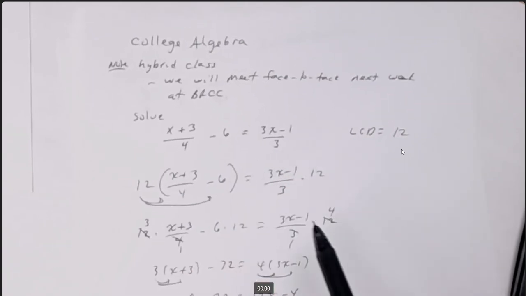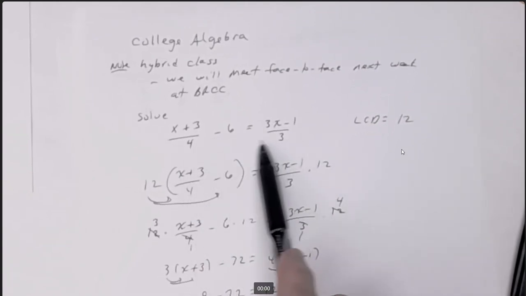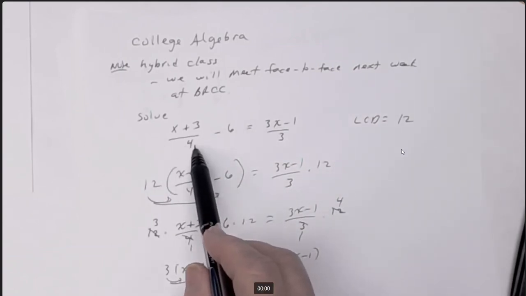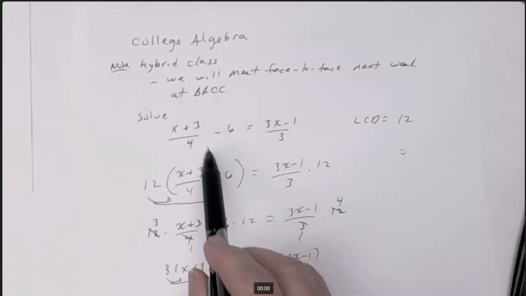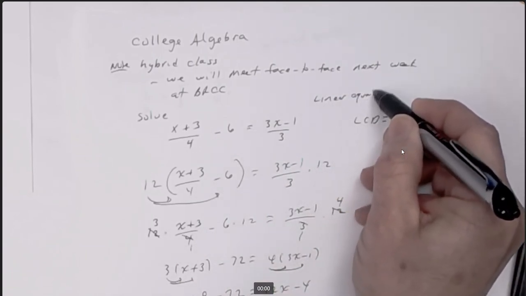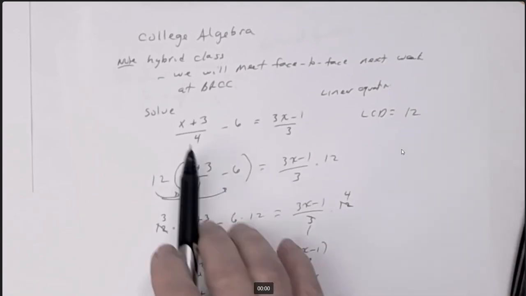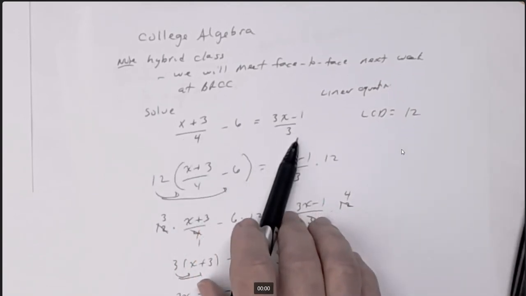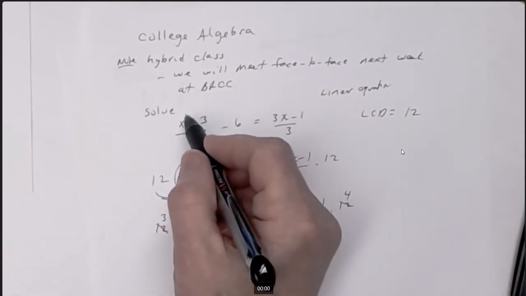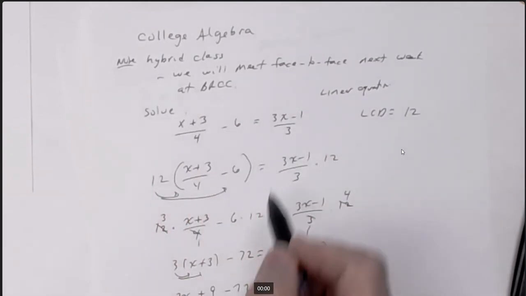But in particular, this right here is a linear equation. The reason it's a linear equation is because you don't have any variables in the denominator. The variables are located in the numerator, and the exponents are 1s. Whenever the exponents are 1s for the variables and they're all located in the numerator, that's a linear equation.